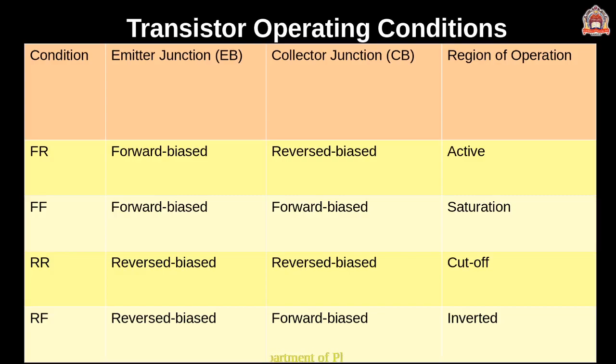When both the connections are in reverse bias, the emitter does not supply the majority charge carriers to the base and carrier currents are not collected by the collector. Thus the transistor acts like an open switch.